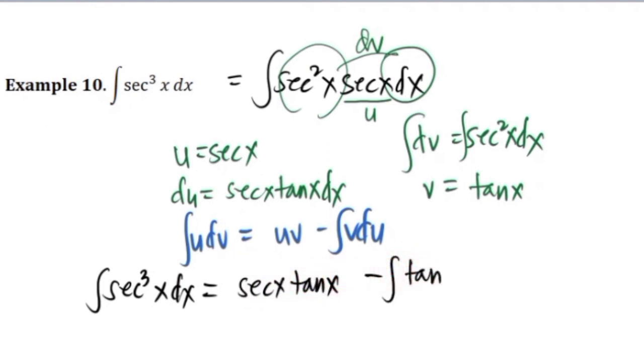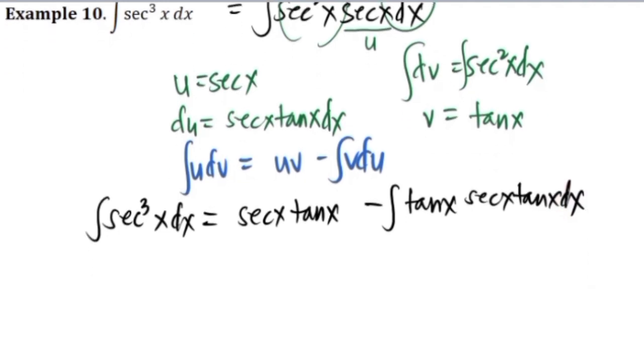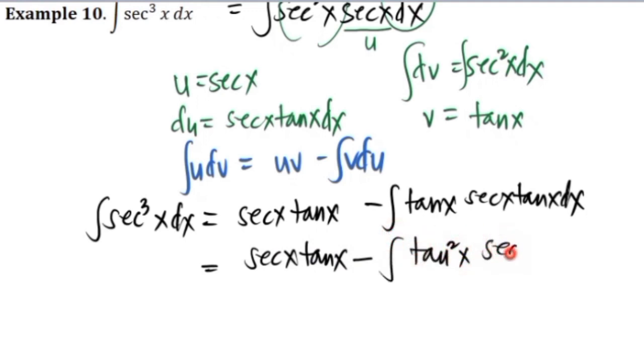So your v is tangent x and du is secant x tangent x dx. So we would have secant x tangent x minus the integral of tangent square x secant x dx.